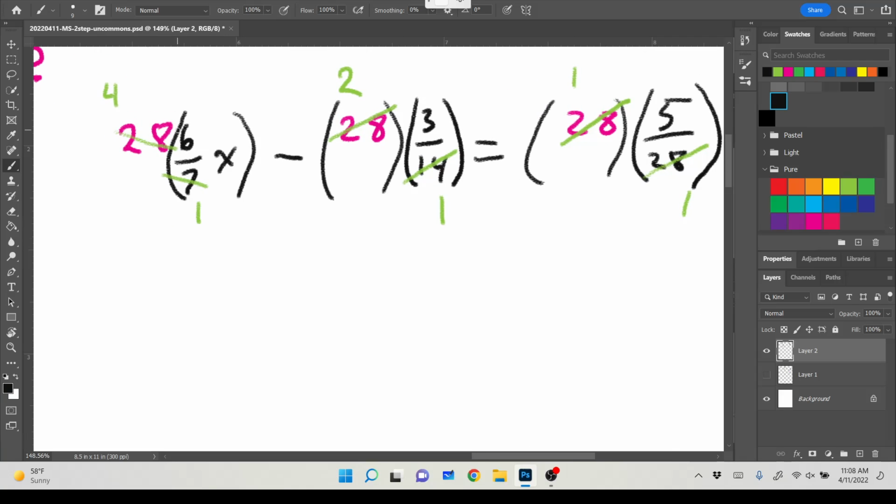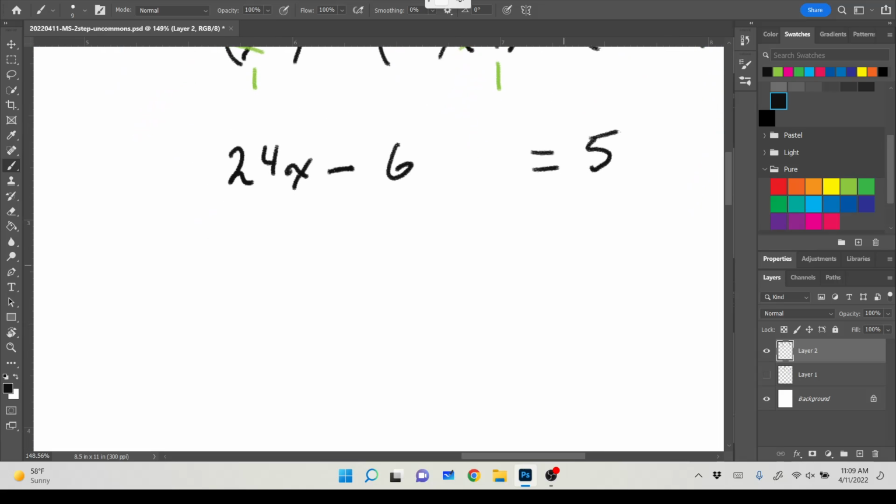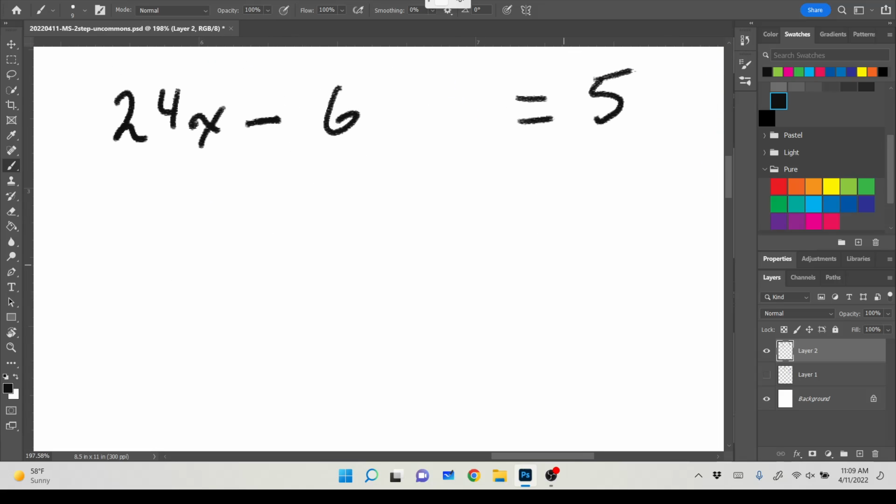So 4 times 6 is what? 24. So we've got 24x minus, and then what's negative 2 times 3? Negative 6. So negative 6 equals, and this one's just going to be 5, right? Now we have a thing that we know how to solve without even thinking hard, right? What should we do now to solve this guy?